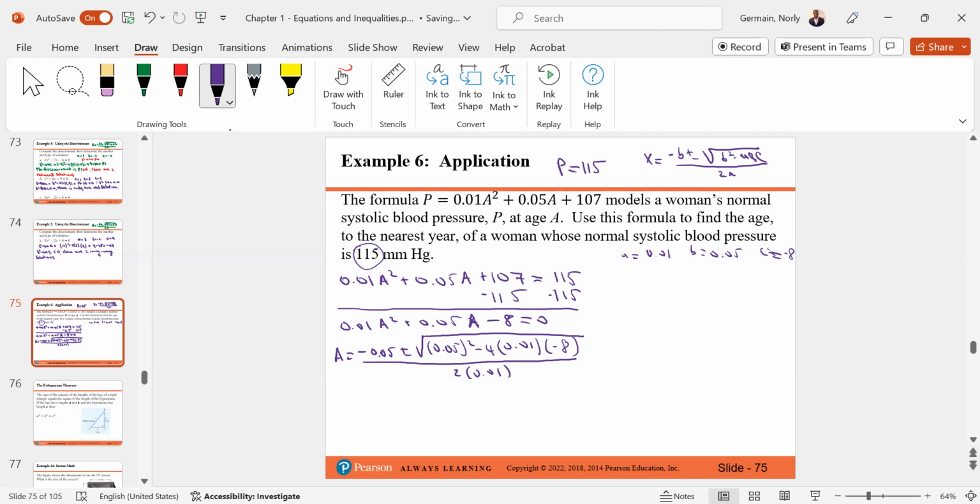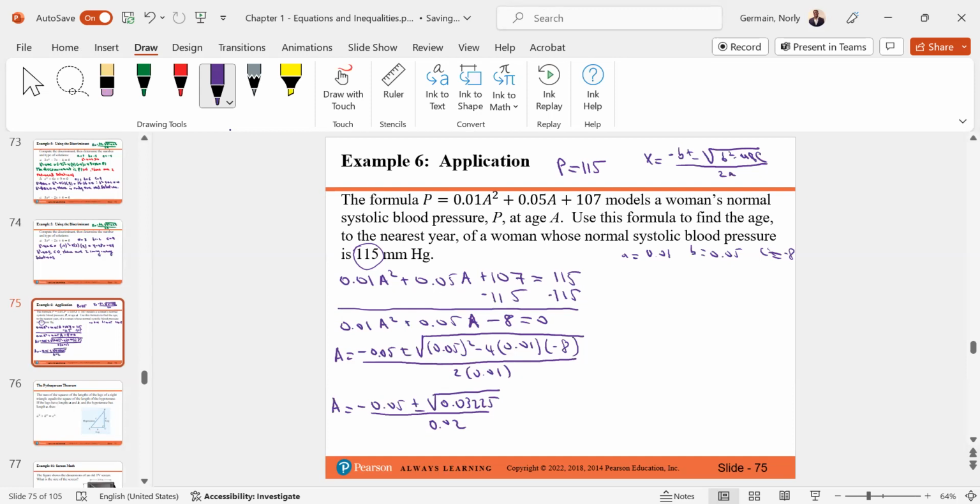Now, when you do everything on your calculator, you should find negative 0.05 plus or minus the square root of 0.3225 over 0.02.